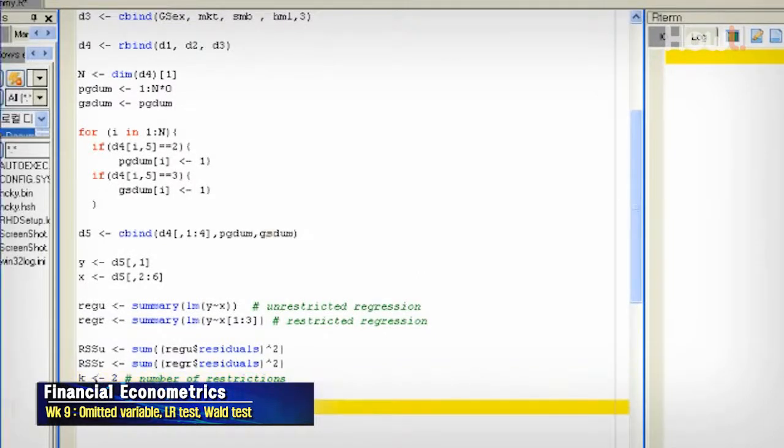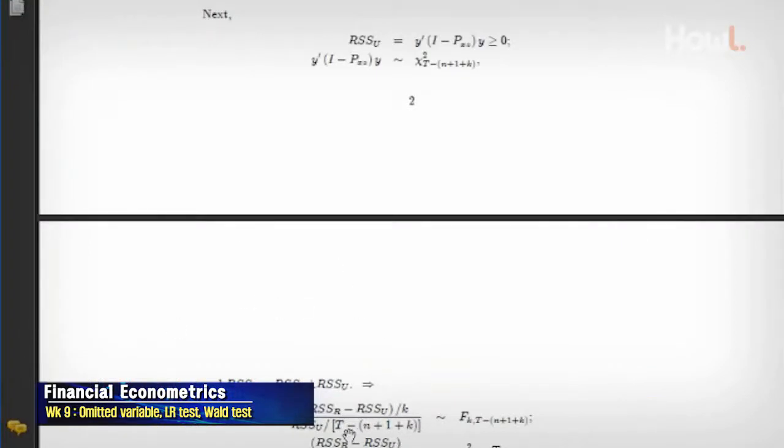Okay, notation is slightly confusing in this case.